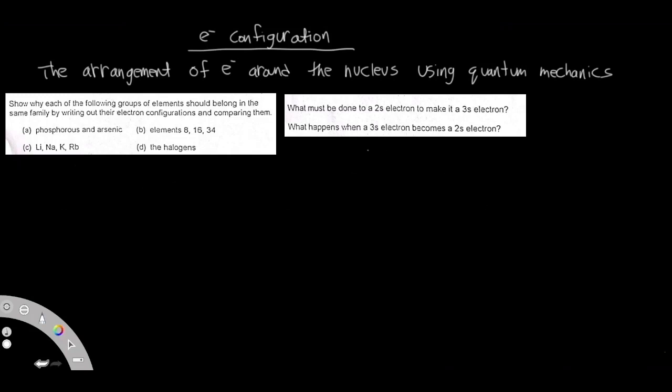All right, let's give it a shot. What must be done to a 2s electron to make it a 3s electron? Well, let's draw it out. 1, 2, 3, 4. So this here right now is our beryllium. How do we make it go up to a 3s?